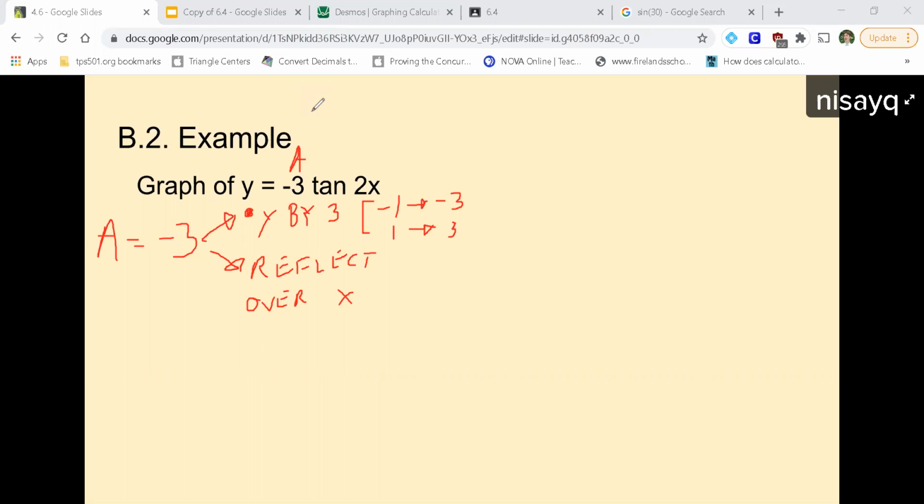So all that really happens is that -3 and 3 switch in the order. So instead of asymptote, -1, 0, 1, asymptote, we'll do asymptote, 3, 0, -3, asymptote.